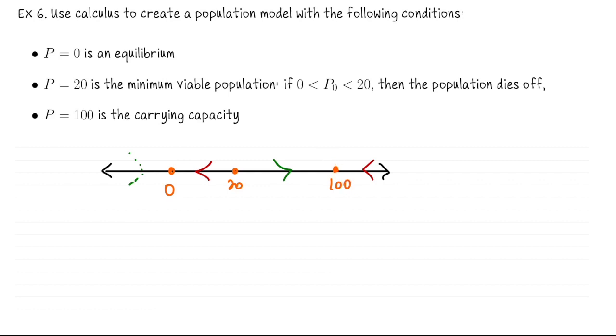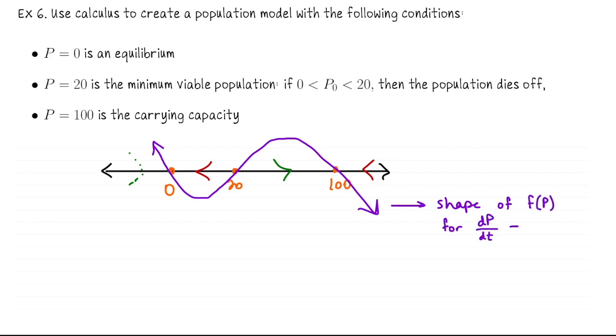So you can sketch the right-hand side. It's going to be like negative, positive, negative. So we really just want a right-hand side which is kind of like this cubic. That's the shape of f of p if we're setting up a differential equation of the form dp/dt equals f of p.